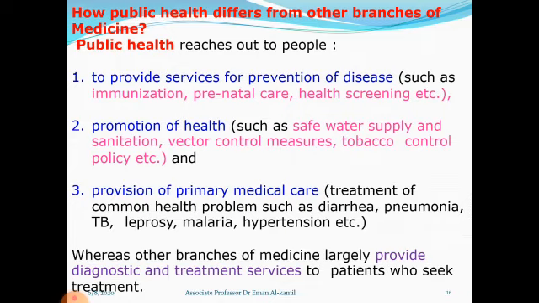Public health also concerns the provision of primary medical care and treatment of health problems such as diarrhea, pneumonia, tuberculosis, leprosy, malaria, or hypertension. So public health providers are concerned not only with prevention but also with treating certain health problems such as respiratory infection and diarrheal diseases.